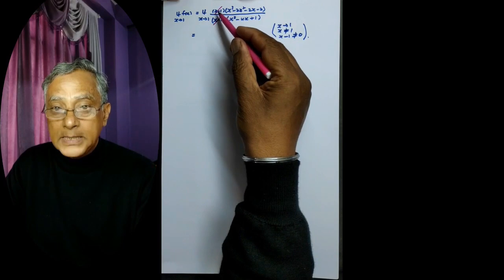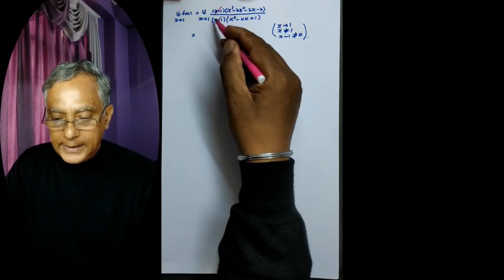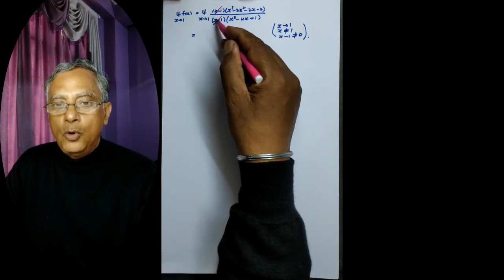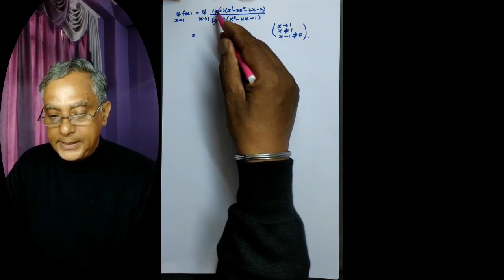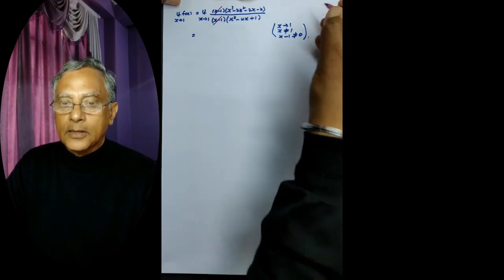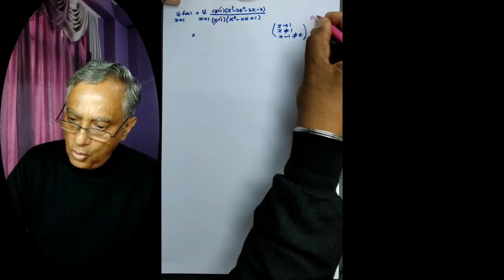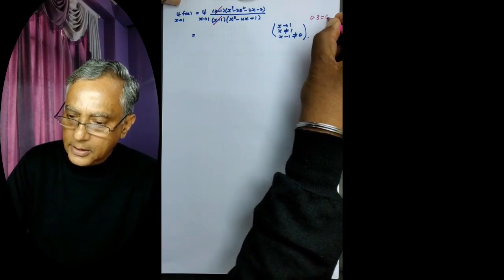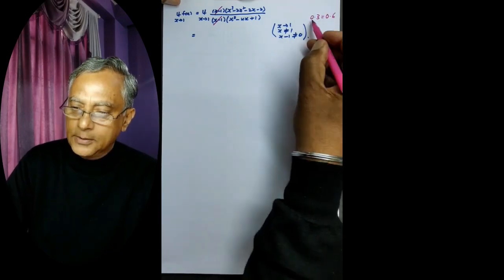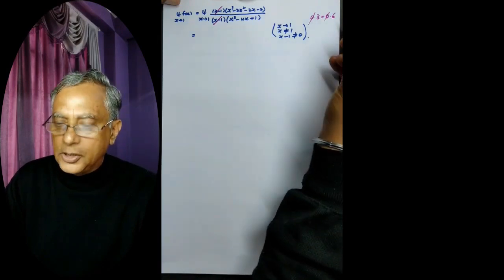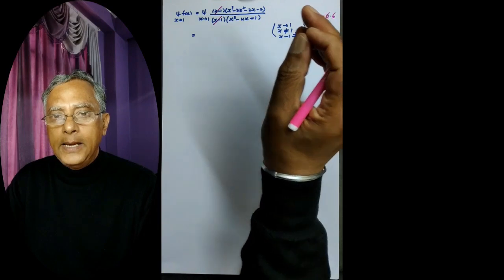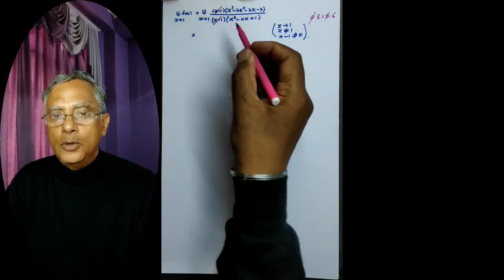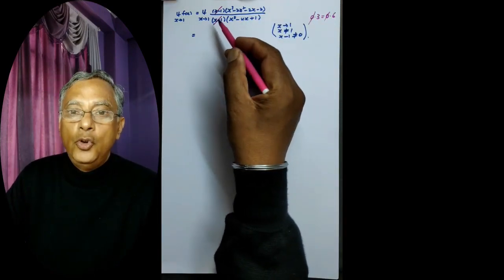We must verify that this is not equal to 0 before cancelling it, because if it is 0, it cannot be cancelled. For example, 0 into 3 is equal to 0 into 6. Cancel this, we'll get 3 equal to 6. So whenever you cancel any factor, you must ensure that it is non-zero.